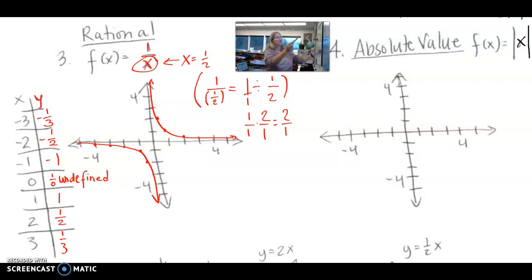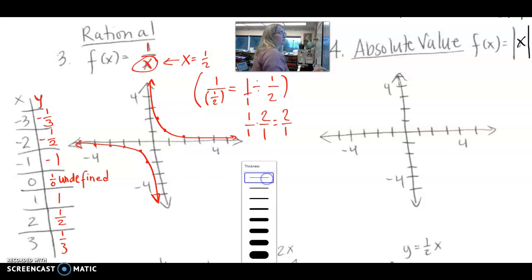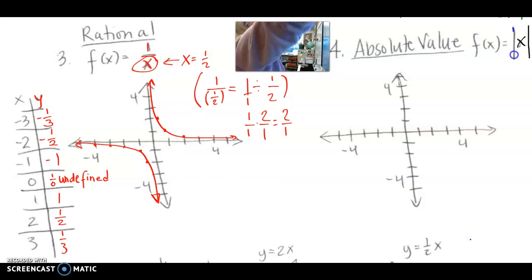On the positive side, it's going up to positive infinity. On this side, it's going to negative infinity. And then these guys, as x gets bigger and bigger and bigger in both the positive and negative direction, it's approaching 0.